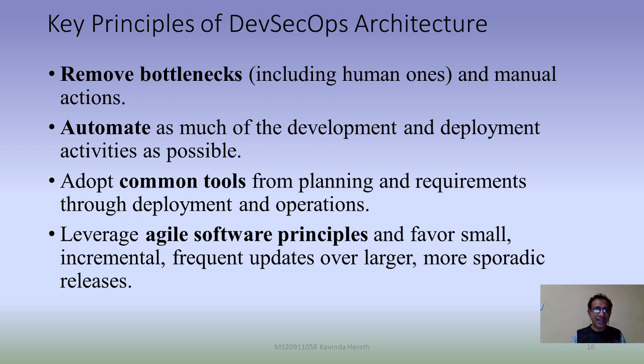Leverage agile software principles and favor small, incremental, frequent updates over large, more sporadic releases. The agile software principles need to be adopted because we need to speed up the process.